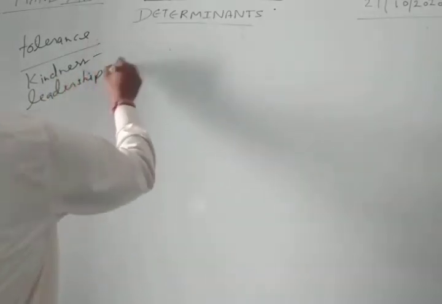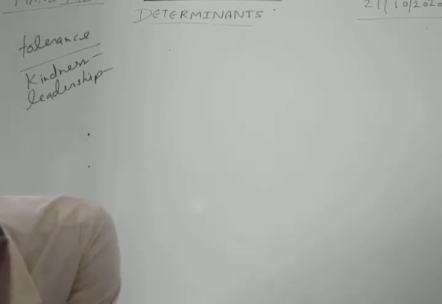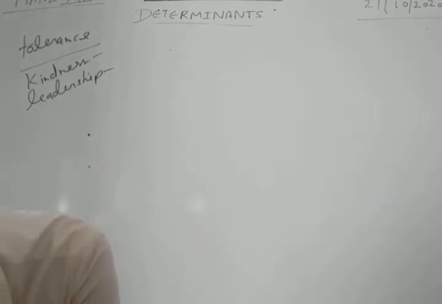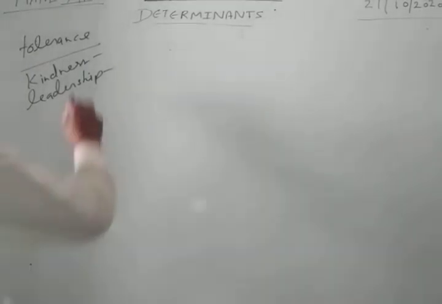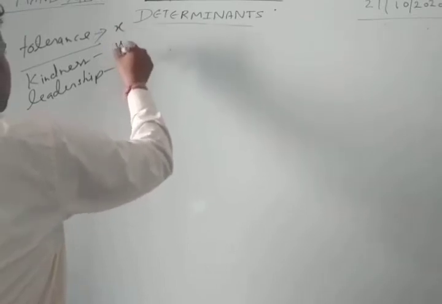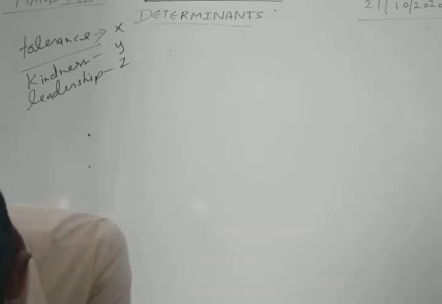According to the question, school P wants to award X rupees each, Y rupees each and Z rupees each for the three respective values. So let tolerance be X, kindness Y and leadership Z. Now they are giving the values to 3, 2 and 1 students.